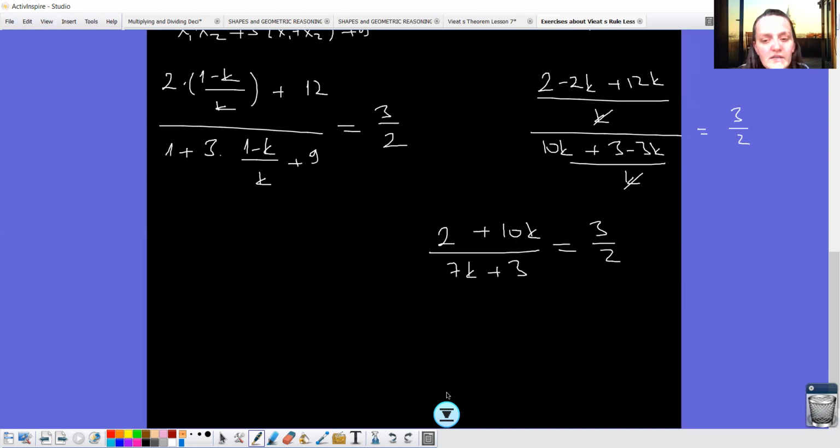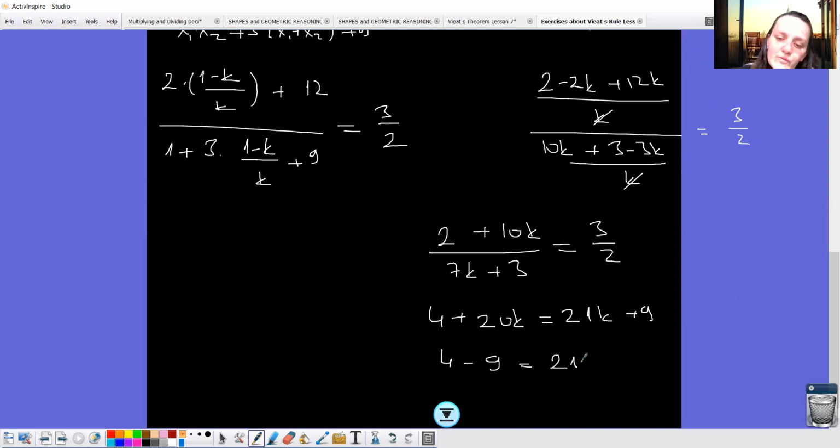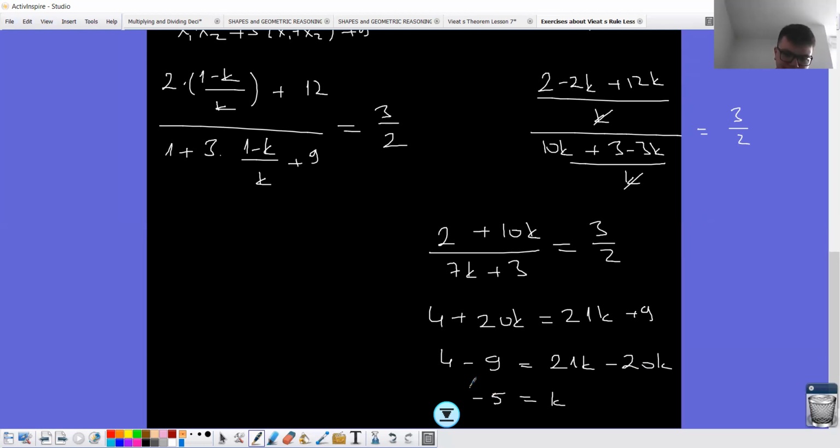With the cross product, we'll get 4 plus 20k is equal to 21k plus 9. I will take 20k to the other side, 9 to this side. 4 minus 9 will be 21k minus 20k. So k is equal to minus 5.